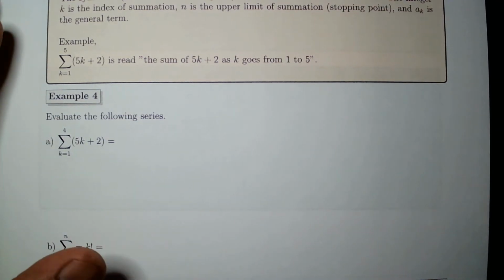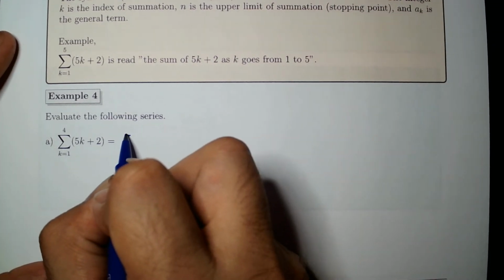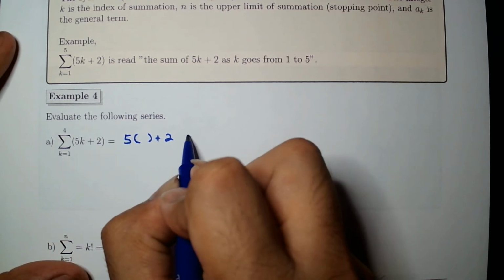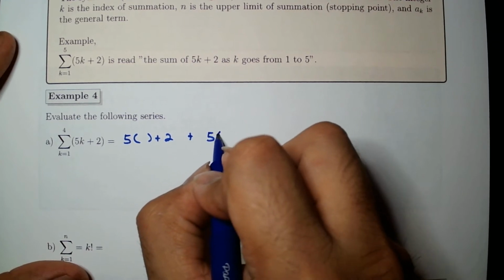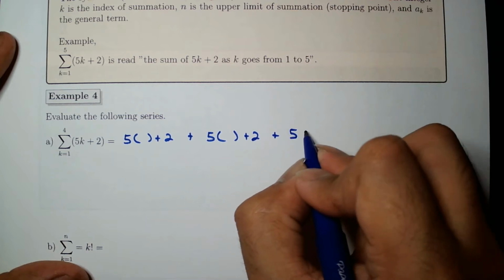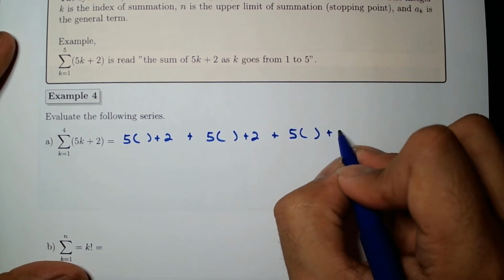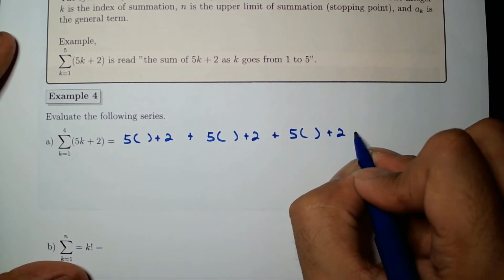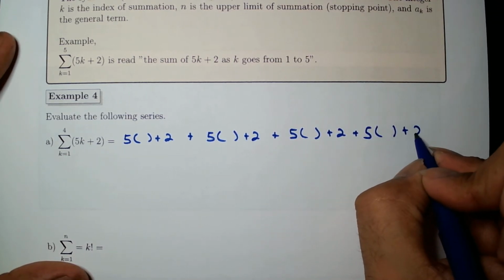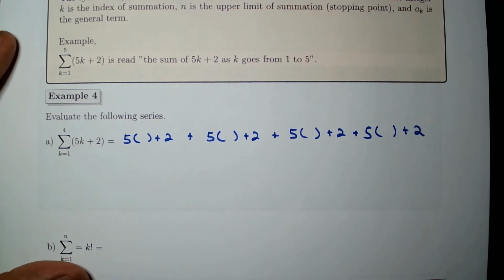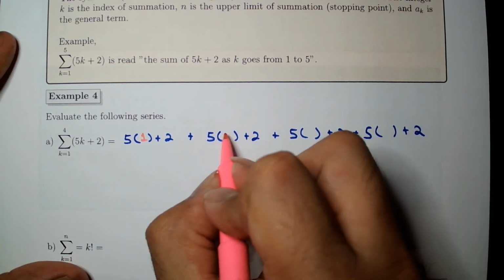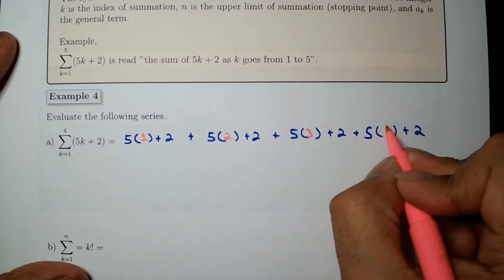So all we're going to do is 5 times 1 plus 2, plus 5 times 2 plus 2, plus 5 times 3 plus 2, plus 5 times 4 plus 2. That is, we plug in all the numbers going from 1 to 4: 1, 2, 3, and 4.